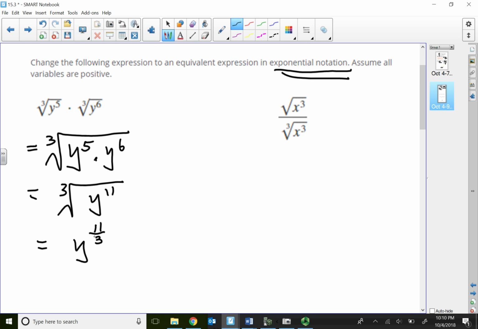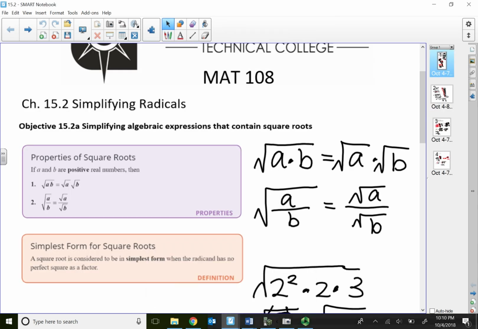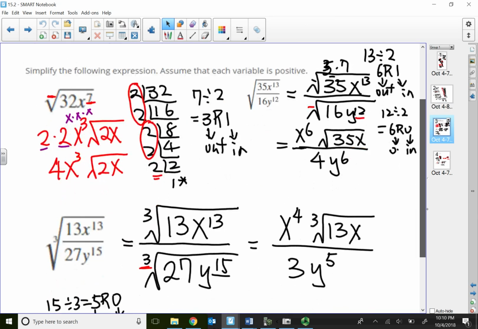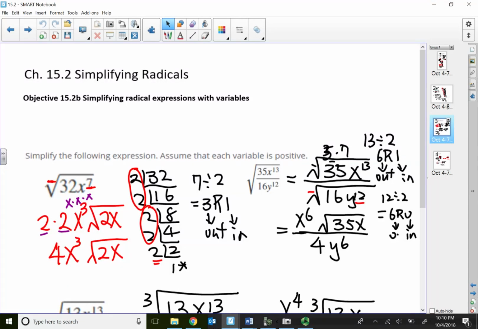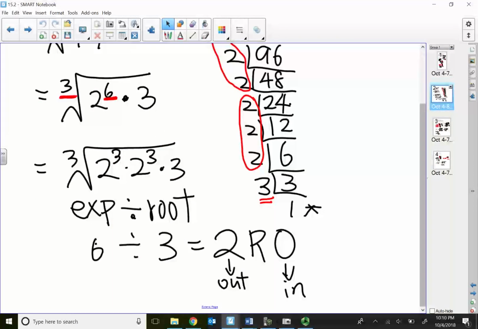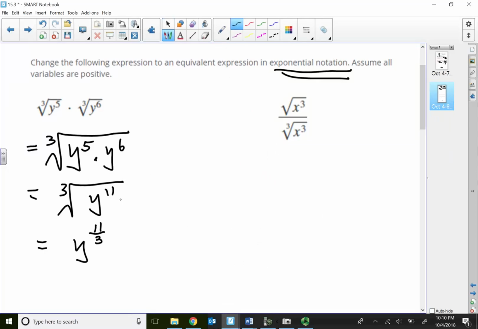The reason I'm purposely doing it this way is the shortcut I was mentioning before when we were simplifying radicals, where we take the exponent divided by the root. That 11 is basically the numerator of the fraction exponent, and the root is basically the denominator of the fraction exponent.